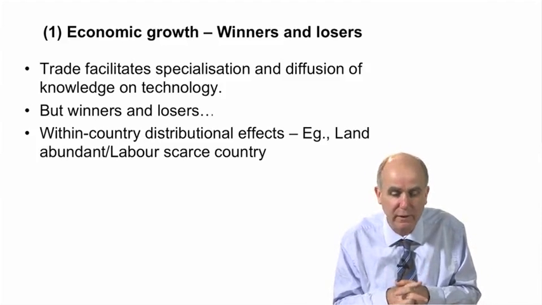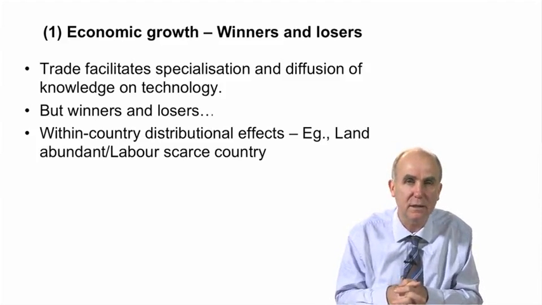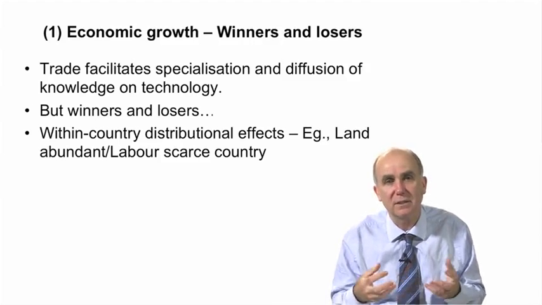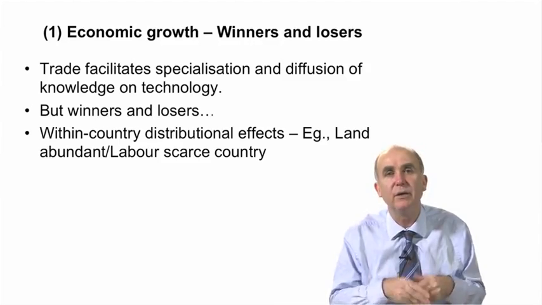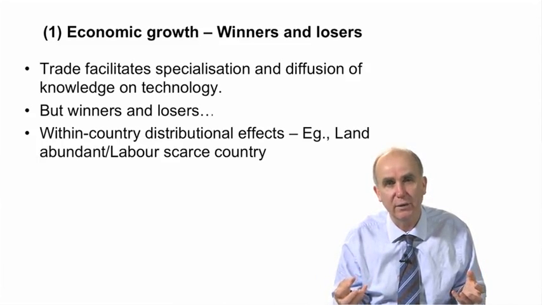For example, suppose we think of land-abundant, labour-scarce countries such as the United States or Australia or Canada. The Stolper-Samuelson theory predicts that when you increase the amount of international trade, countries will specialise more in the production activities in which they have a comparative advantage.